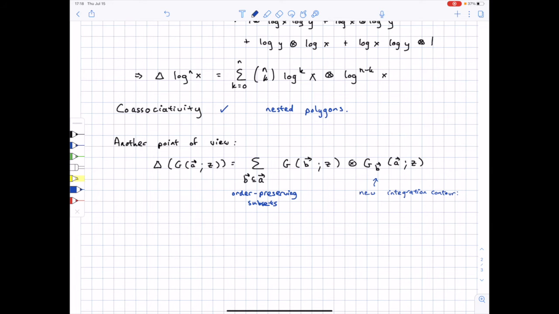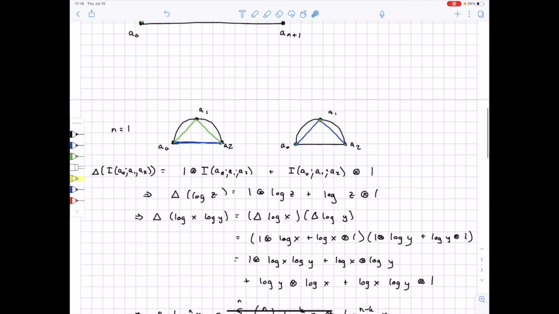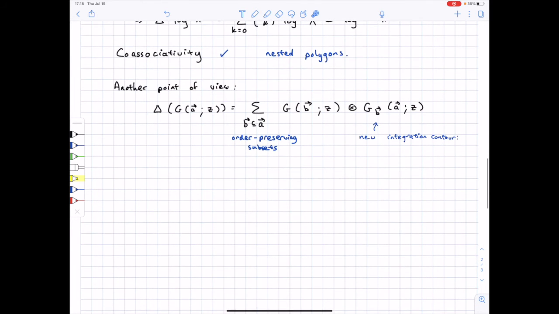So we see what's happening in the picture of the nested polygons: in a way, we're picking different base points. We can express this in terms of a new integration contour that circles around the singular points given by these arguments. These are singular in that that's where you find poles of the integrand.